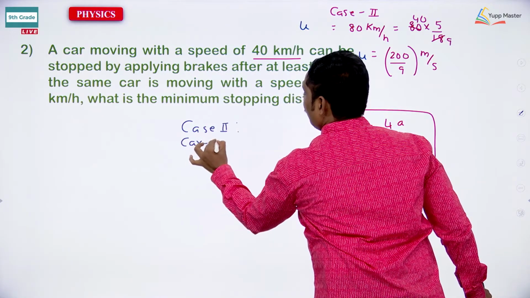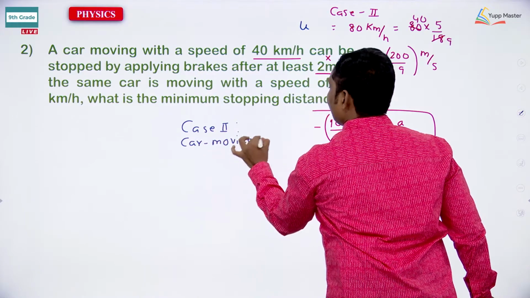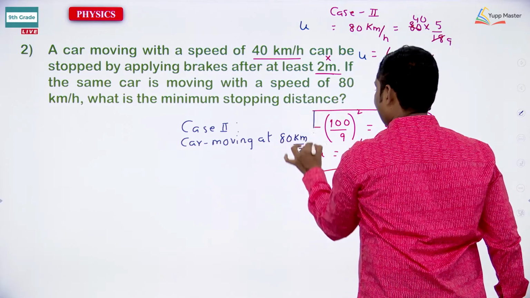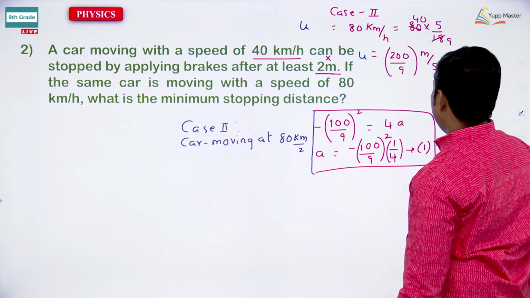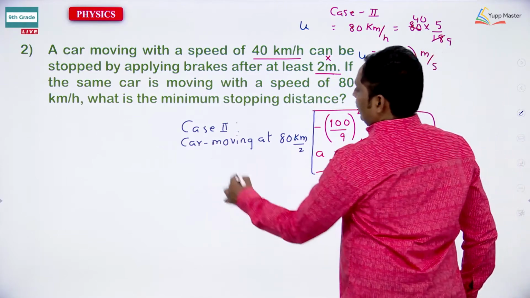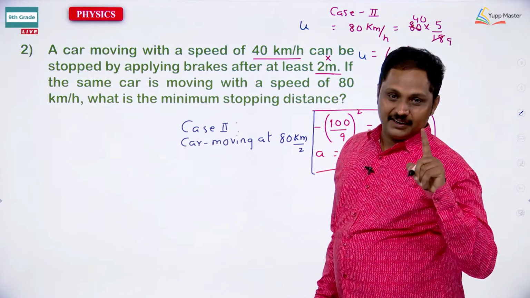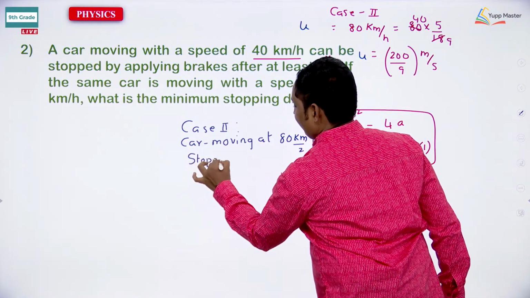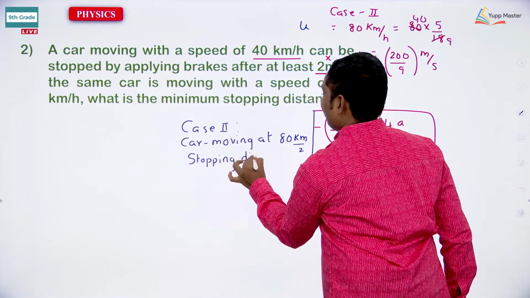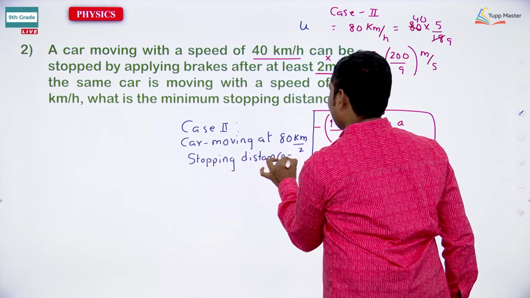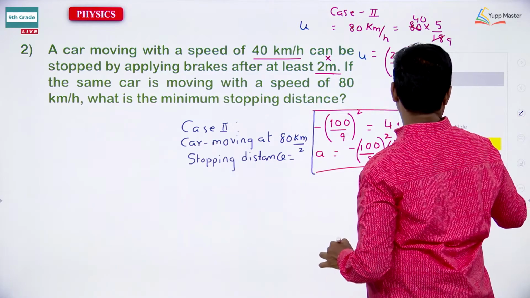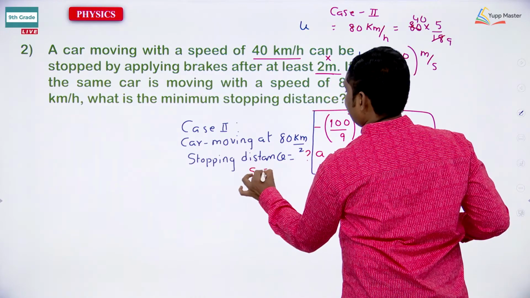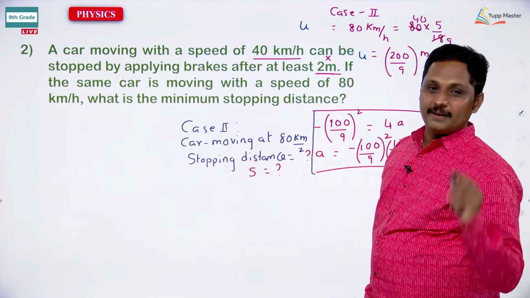Car moving at 80 kilometer per hour. So we have to find out the stopping distance, that is the case. Stopping distance is equal to question mark. You have to find that out.